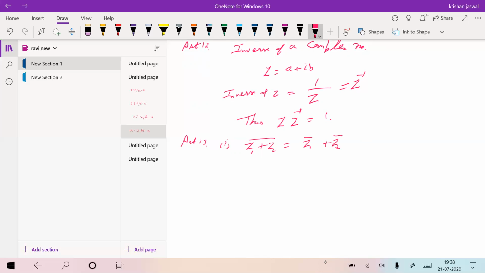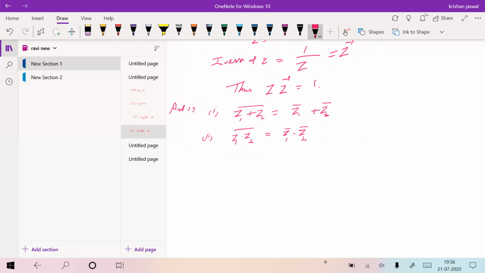Second result, conjugate of Z1 multiplied by Z2 is equal to Z1 conjugate multiplied by Z2 conjugate. Number 3, conjugate of Z1 over Z2 is equal to Z1 conjugate over Z2 conjugate.